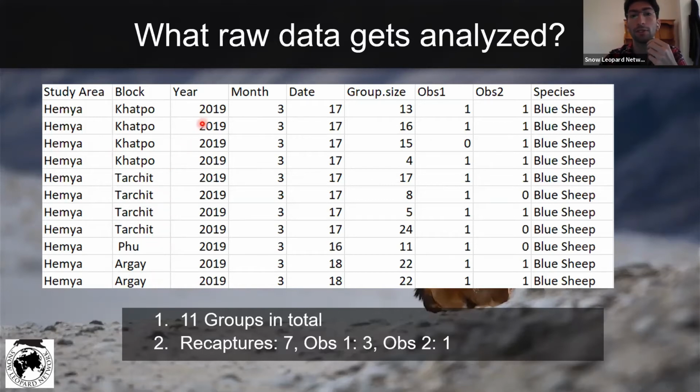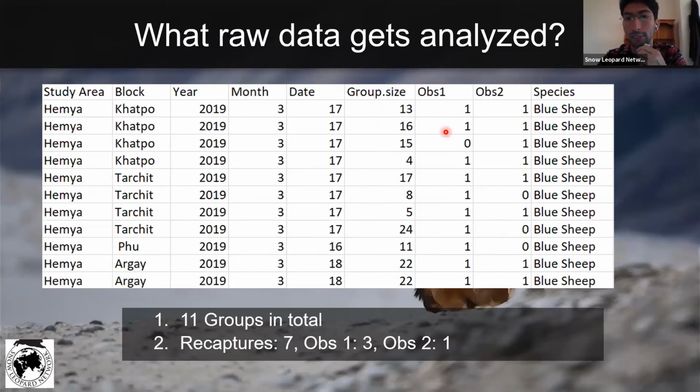They were surveyed over, in this case, 3 days in the month of March in 2019. And it's the group size that the observers see, and their captures or not captures, captures being 1, not captures being 0, and with species. So from this data set, as you can see, there were 11 groups in total that were observed, of which 7 groups were recaptures.